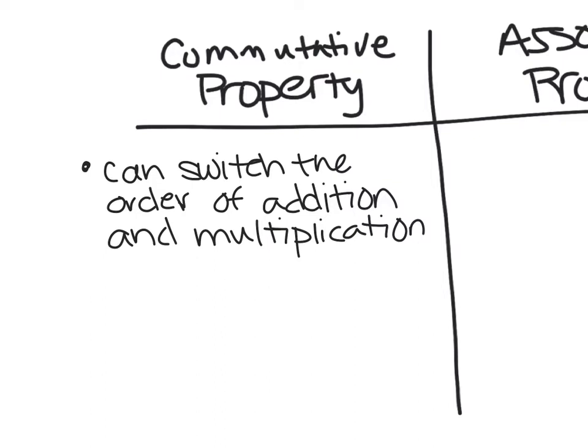No matter which way I go, it's the same amount. So that is A plus B is the same as B plus A. The order does not matter. Same with multiplication. A times B is the same as B times A.